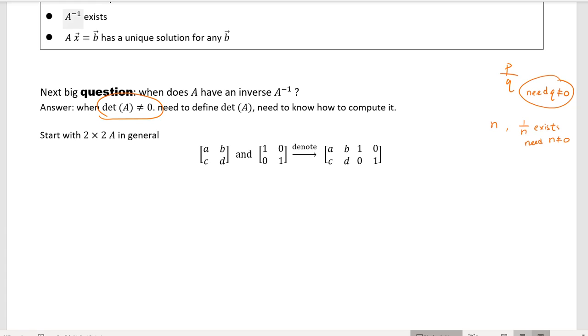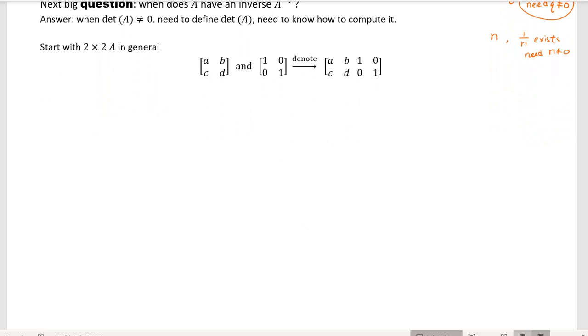So what is the determinant? Okay, let me show you here. Let's start with a 2 by 2 matrix A in general. So this is the matrix A. We want to find the inverse, so we put A adjoined with the identity matrix, and let's see how to find the inverse. First of all, consider A and C. We know one of them is not zero, right?